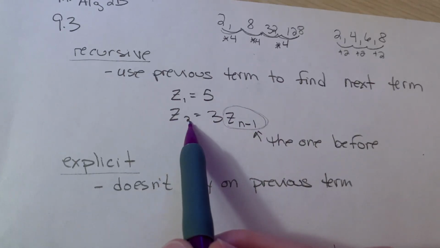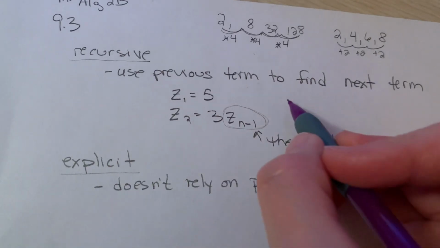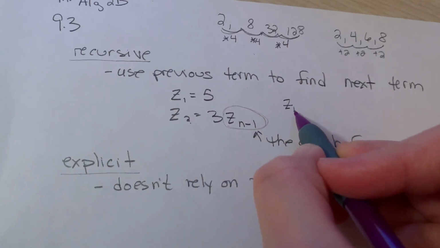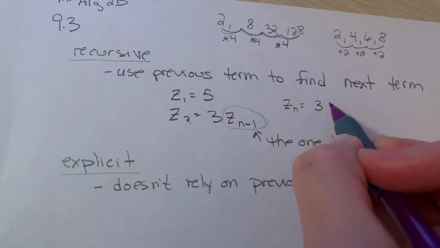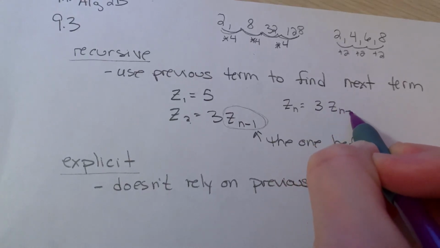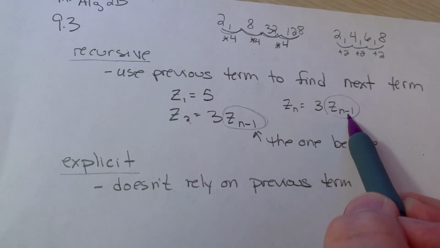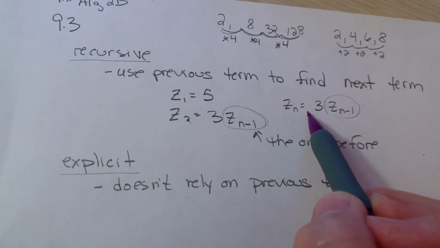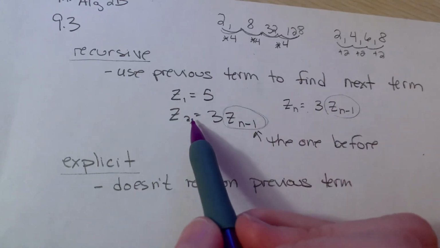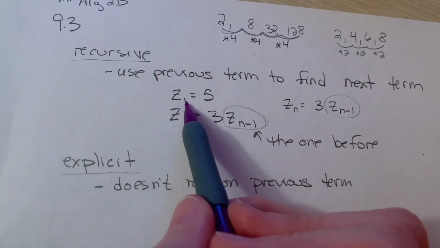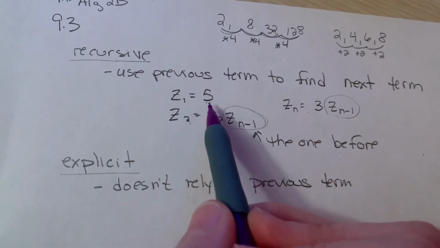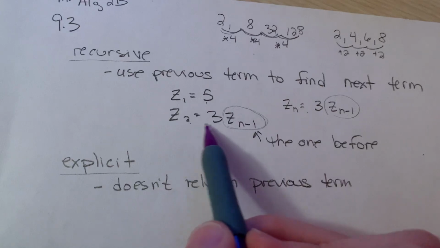This formula might look like this: z sub n equals 3 times z sub n minus 1. So this n minus 1 means the term before it. For instance, they tell you the first term is 5, and this is your formula.